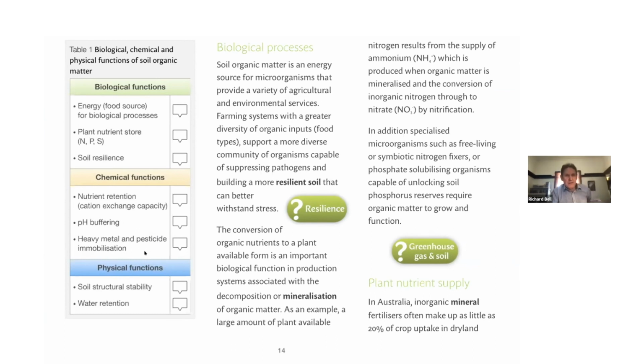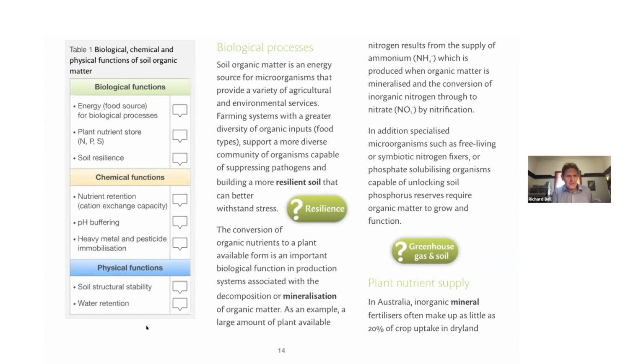Where there are heavy metal or pesticide contaminants, it can help with immobilization. In the case of herbicides, for example, the breakdown of many herbicides by microorganisms in the soil is achieved because the microorganisms simply use those compounds as energy like any other carbon compound in the soil.